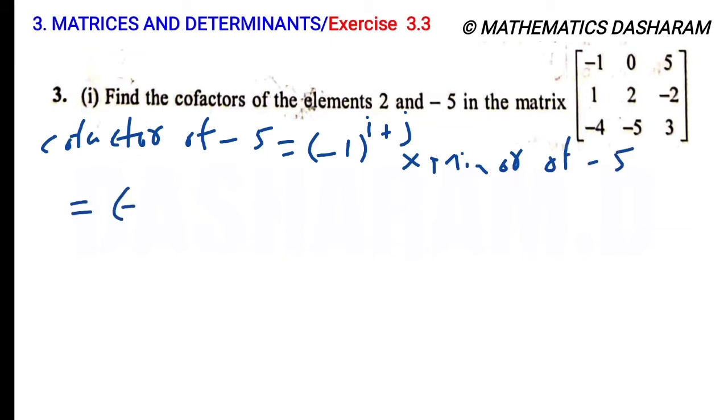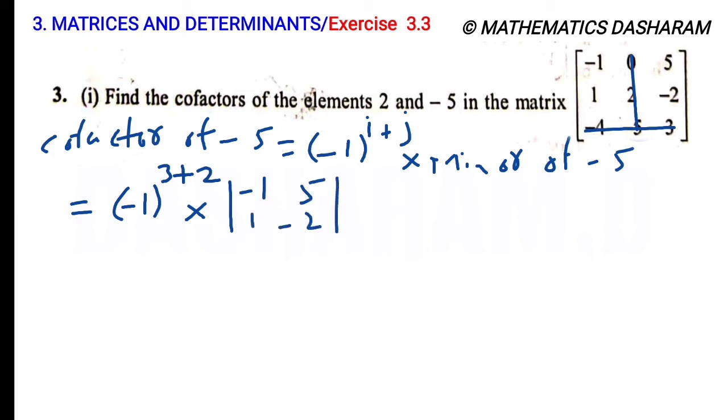Here minus 5 is in the third row, and j means column number, so it is the second column, into minor of minus 5. Minor of minus 5 means cancel the row and column and find the determinant of the remaining elements: minus 1, 5, 1, minus 2.